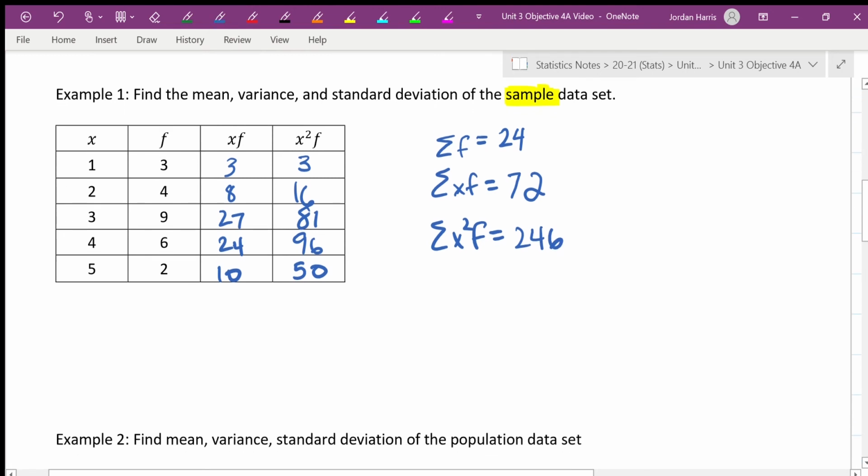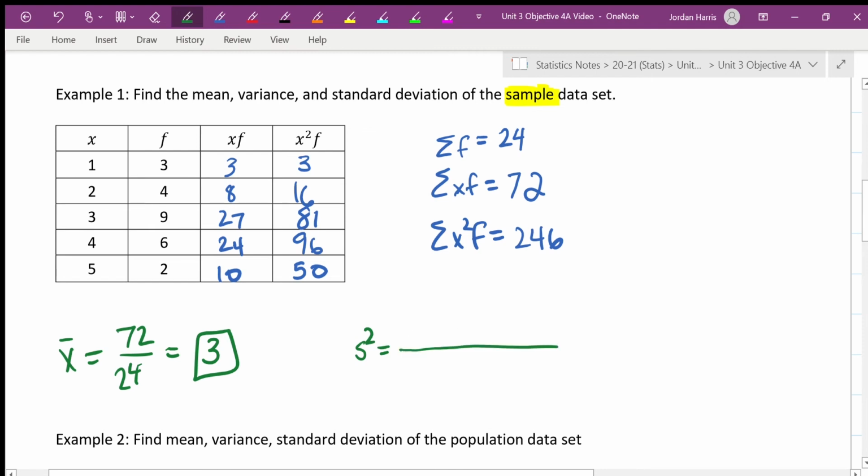Okay, so once we have that, we can find our pieces, mean, variance, and standard deviation. The mean is the sum of xf divided by the sum of f. So I have a mean of 3. Sample mean is x bar, so make sure you're using the correct variable. Then I have a sample variance, s squared. Okay, so I'm following this.